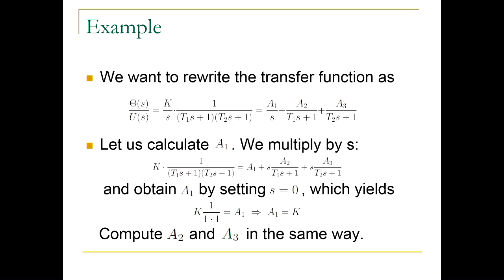But here, a different method is used. You calculate A1 by multiplying all of this above by s, and whatever is on the left-hand side has to be equal to the right-hand side. After some algebra, you get that A1 is K. You can compute A2 and A3 in the same manner.